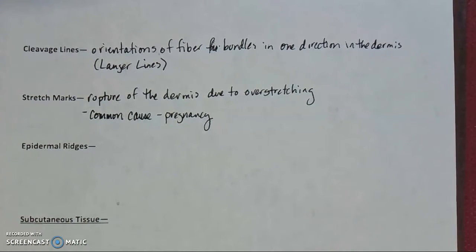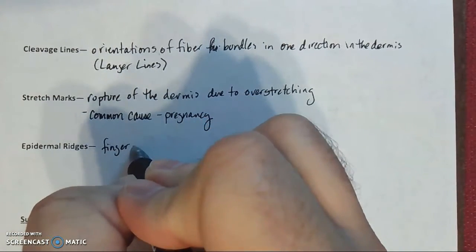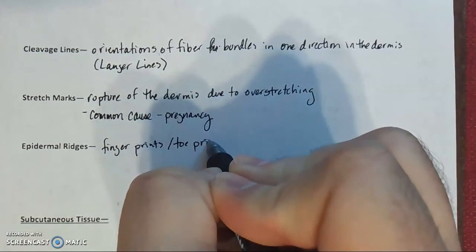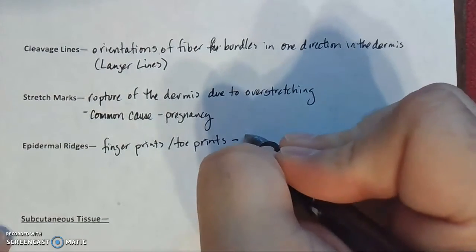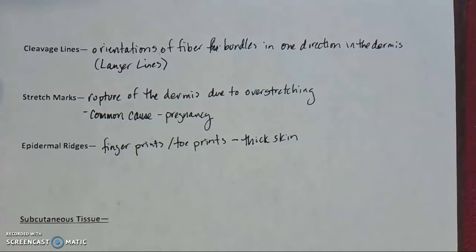And the last thing, epidermal ridges. It's a fancy name for fingerprints or toe prints. And yes, your toes do have prints just like your fingers do. These are only found in thick skin. So they are found on your fingers, your palm, your soles, and your toes.